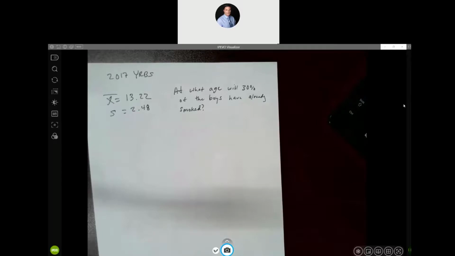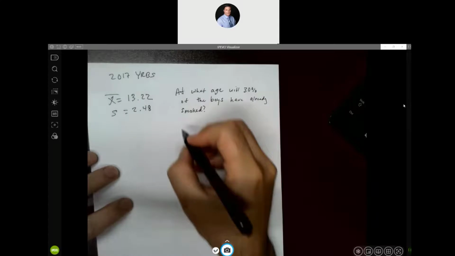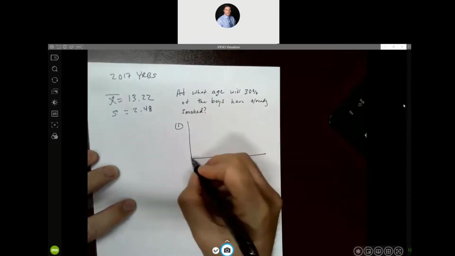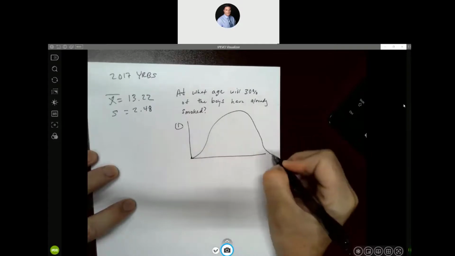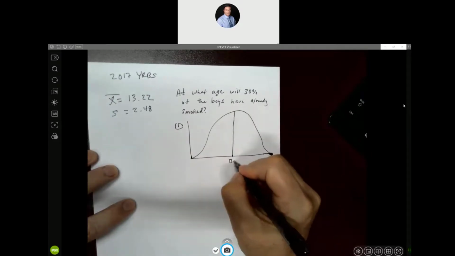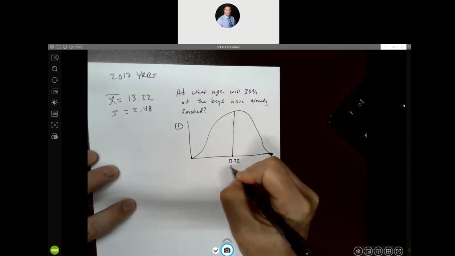Well, I know the average age for boys smoking, and I know the standard deviation. So let's draw out what we're interested in. That's always the first step. We'll put in the mean, and we'll put in the standard deviation.